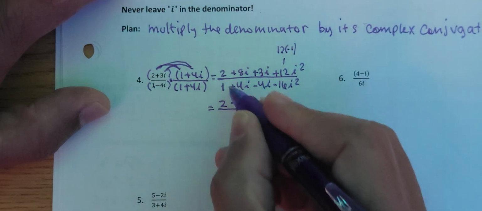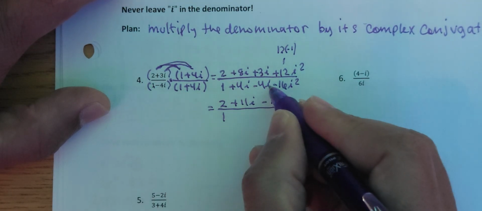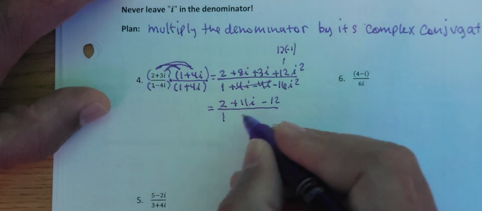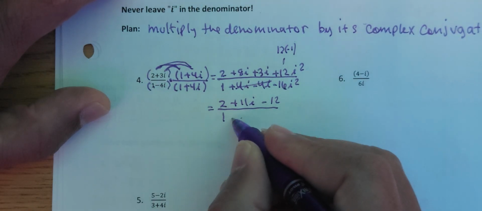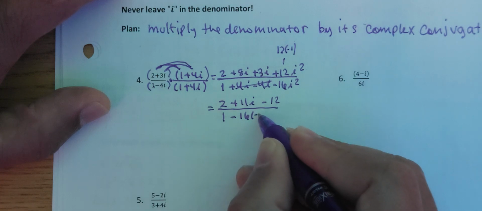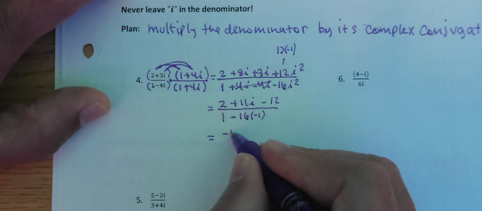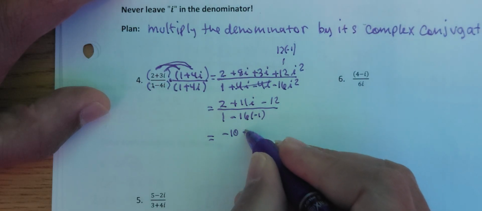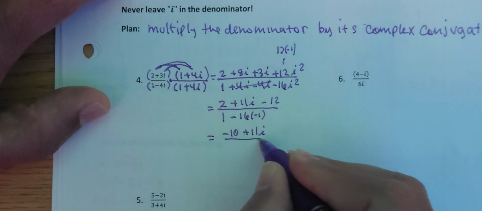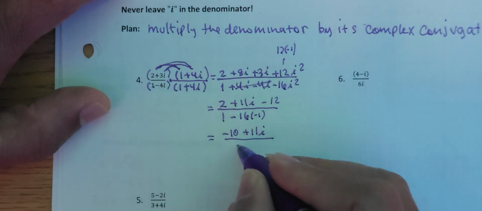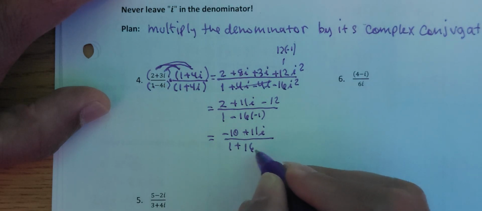And then denominator, we have 1, and notice 4i minus 4i cancel. And then we have negative 16, so minus 16, and i squared is equal to negative 1. So then this is negative 12 plus 2, which is negative 10. That's the a value, plus 11i over 1 plus 16.